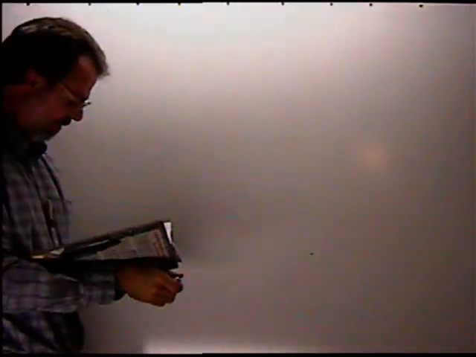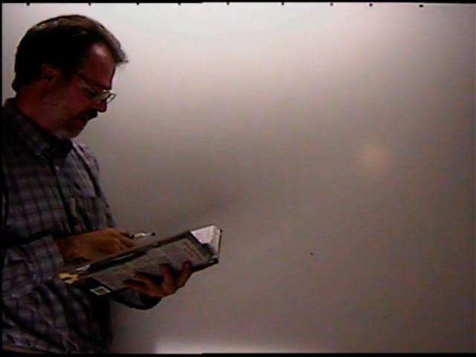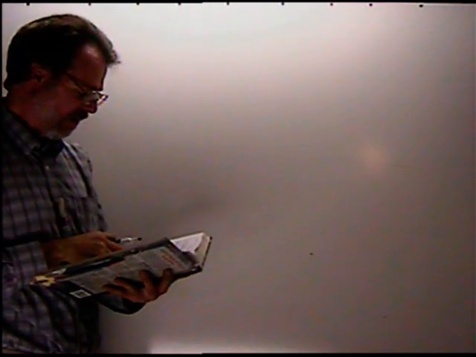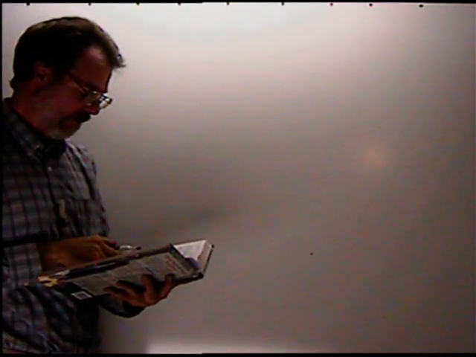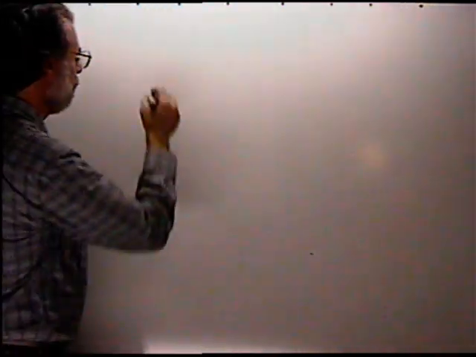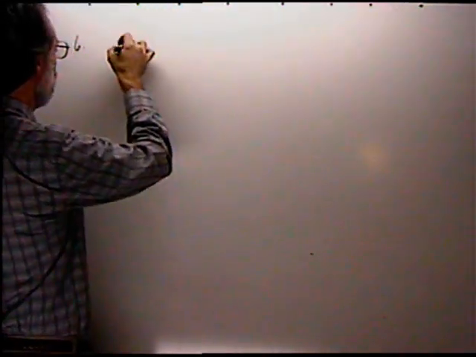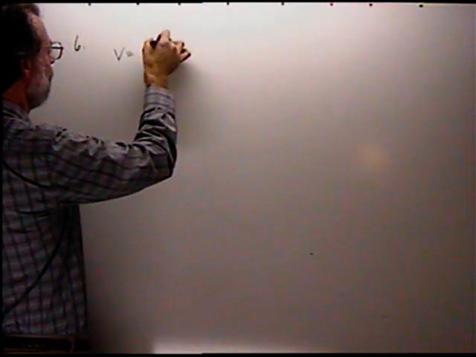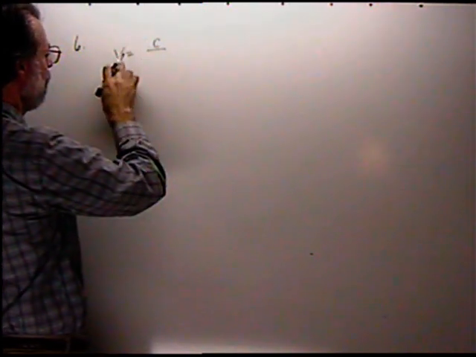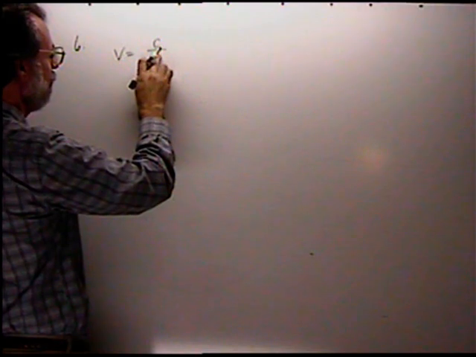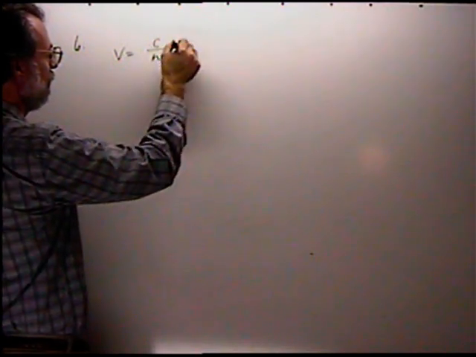Okay, number 6. Moving right along. The index of refraction of ethyl alcohol is 1.4. What is the speed of light in that material? Well, the speed of light in a material is simply the speed of light in a vacuum divided by the index of refraction.